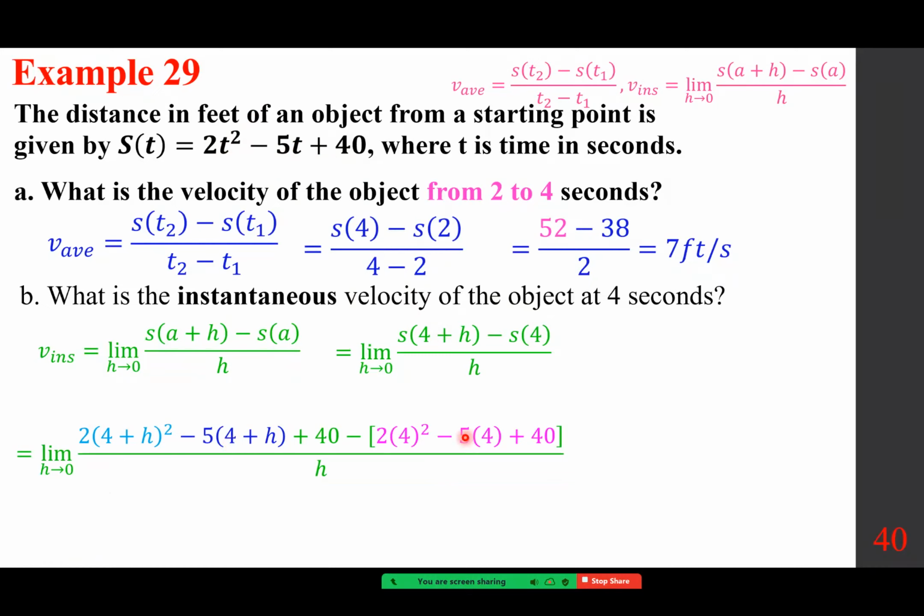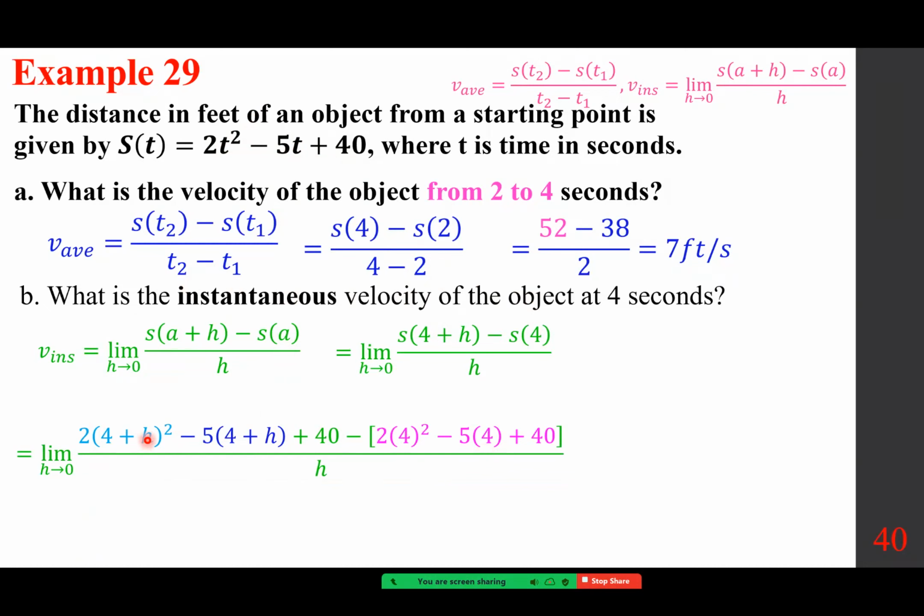What I want to show you again is everything is algebraic, and the only step that is really calculus is when you evaluate the limit. So writing this expression as such is algebra, and at the end, when we evaluate, the limit becomes calculus.